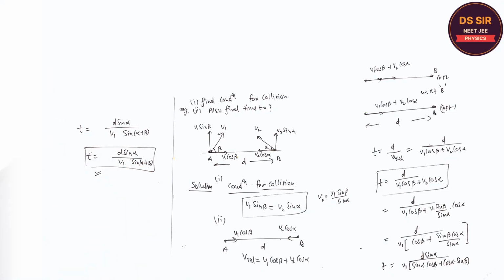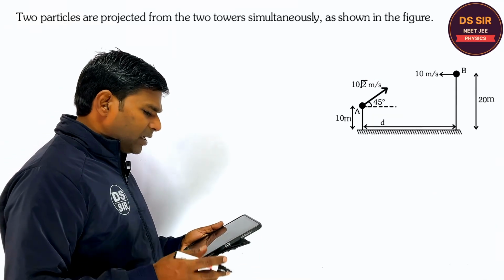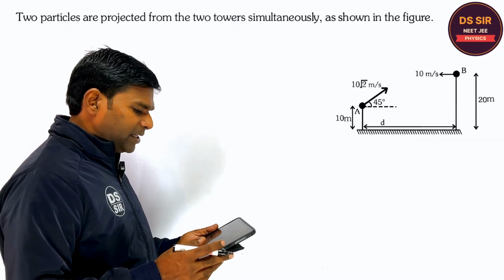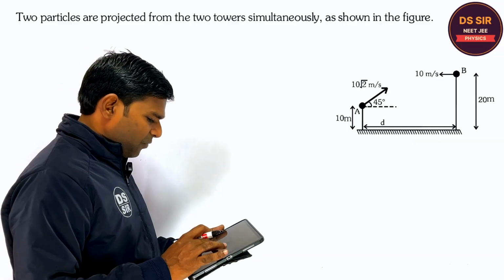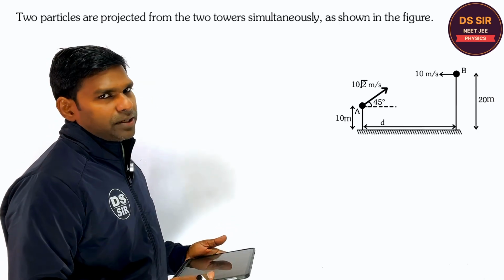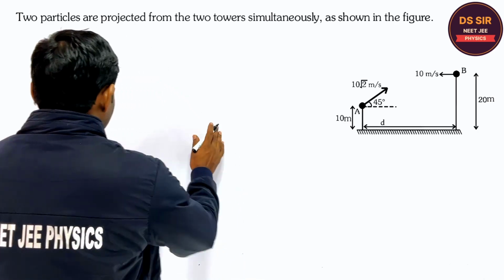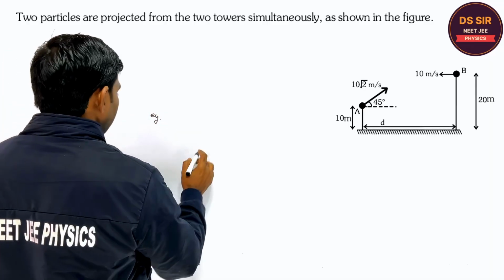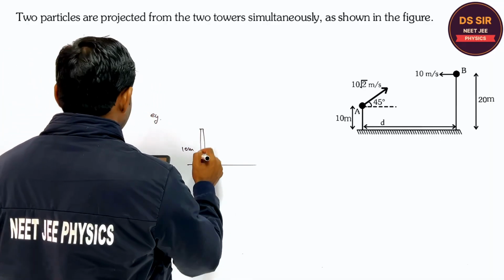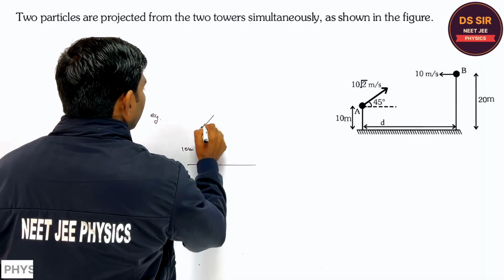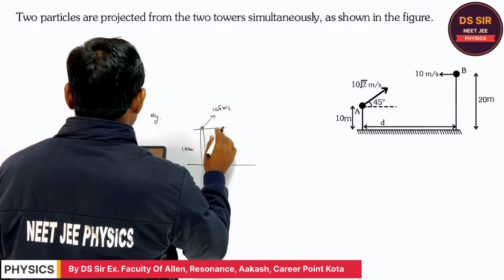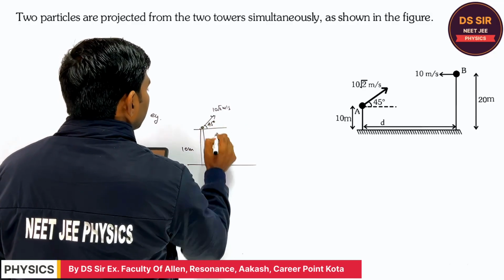Copy this. So in this example, two particles are projected from two towers simultaneously, as shown in the figure. What should be the value of d so that they collide? In this example, this is 10 meter. This is particle A, thrown with 10 root 2 meter per second at an angle of 45 degrees.